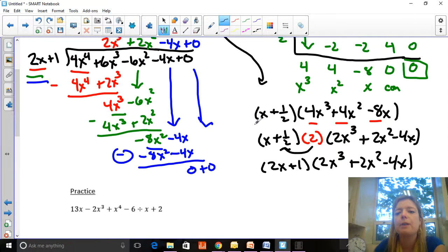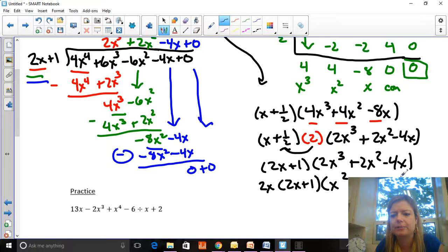Okay, now if you wanted to fully factor this, you could actually take out another 2x out of all of this, and you would be left with 2x times 2x plus 1 times x squared plus x minus 4. Okay, so that's pretty exciting. Sorry, not minus 4. Minus 2.